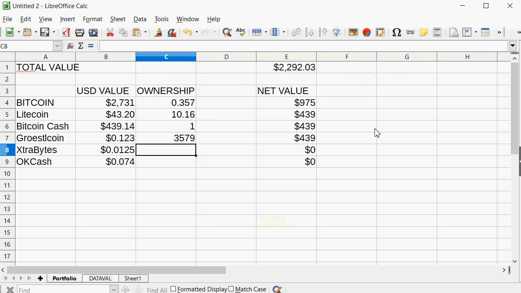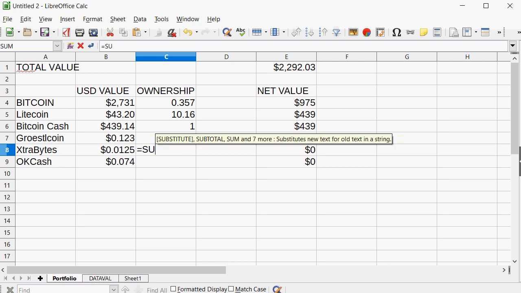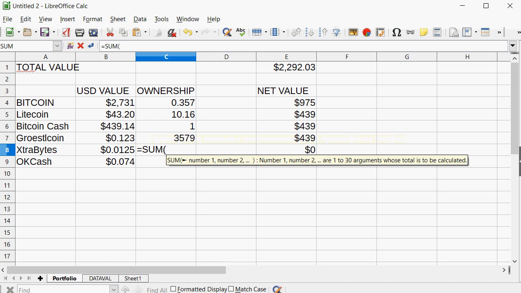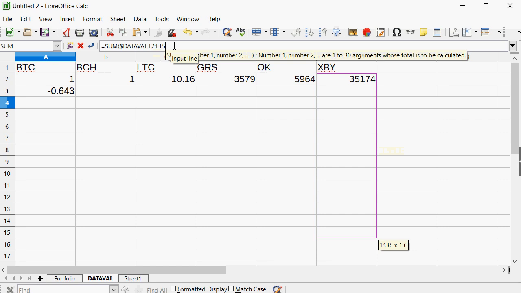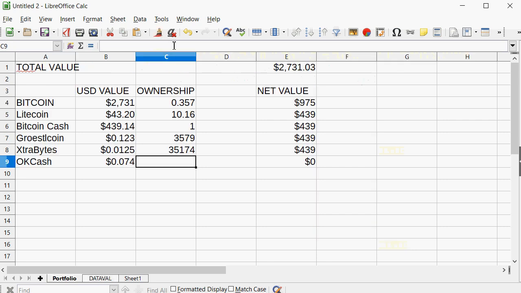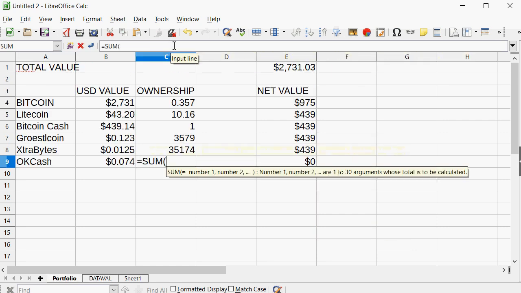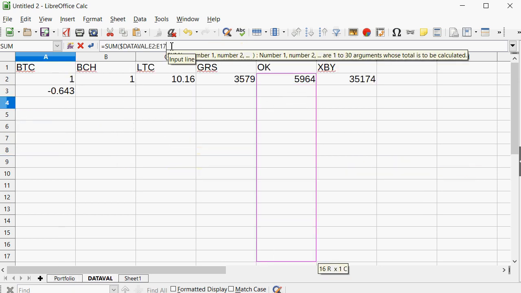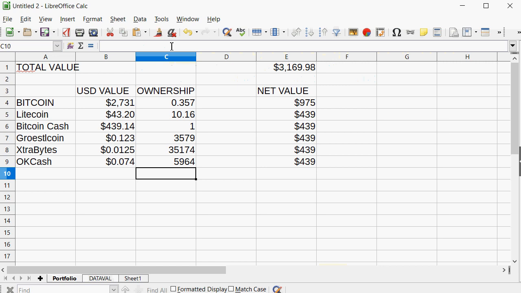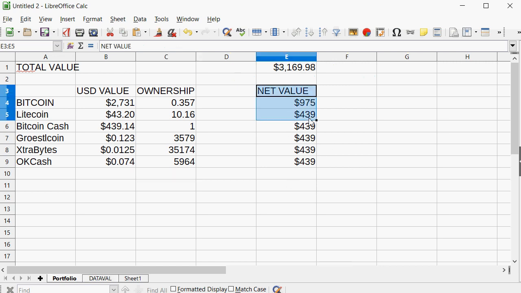And we can see all the values are at 439 here, but that's of course because of how we set this up. So equals sum on this for XBY, and equals sum on the OK Cash here. Okay, so there we have the values in here.